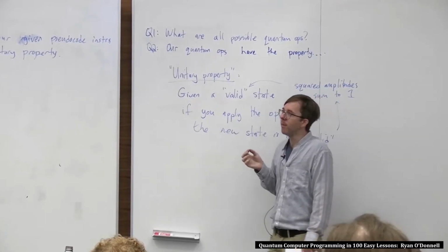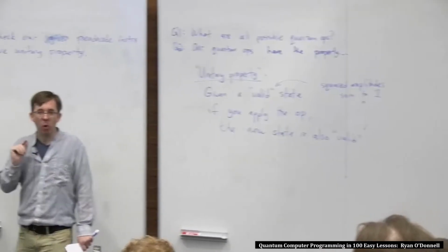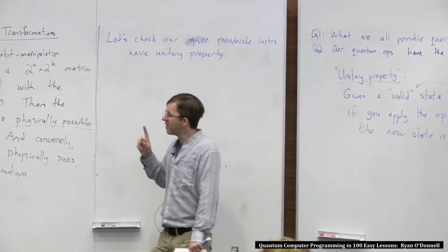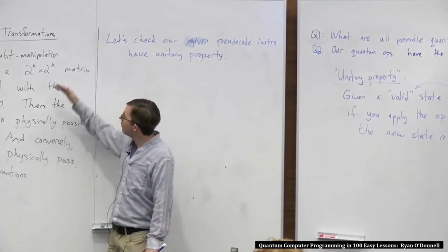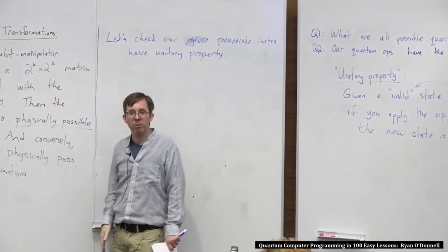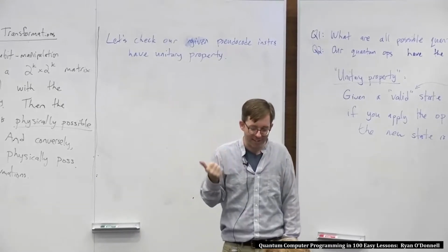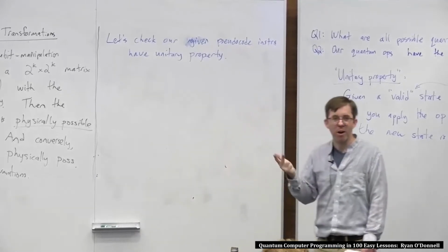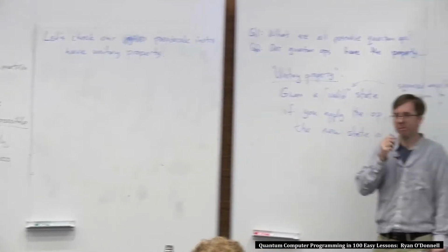I'll tell you a theorem that's not quite true, but I'll revise it. Something that's not quite true is the following reassuring fact: every qubit manipulation operation that has the unitary property can be programmed using those 7 instructions, like if-then, toggle, and Hadamard, the ones that I've given you. That's almost but not quite true.